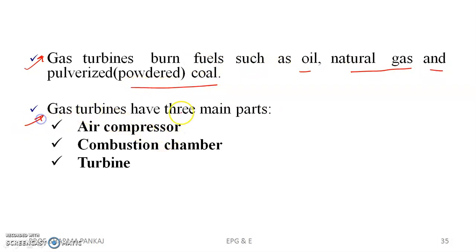The gas turbines have three main parts. The first is the air compressor, the second is the combustion chamber, and the third is the turbine. Without these three main parts, the imagination and realization of gas turbines is very difficult.